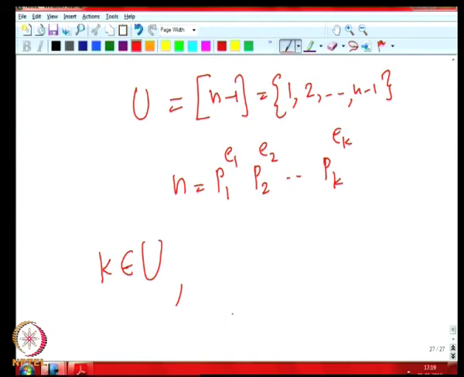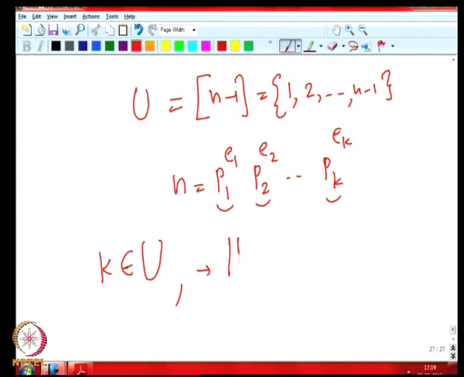This is undesirable, right? Why is it not relatively prime? There is some common factor, and if there is a common factor, there is a common prime factor, so it is either p1 or p2 or pk. So we can define the undesirable properties.